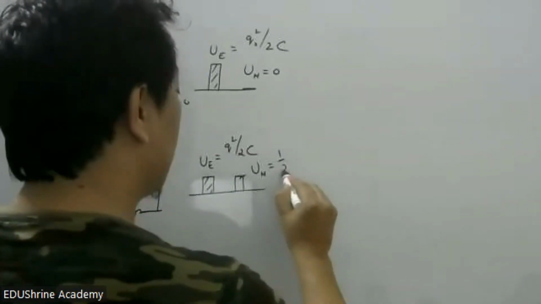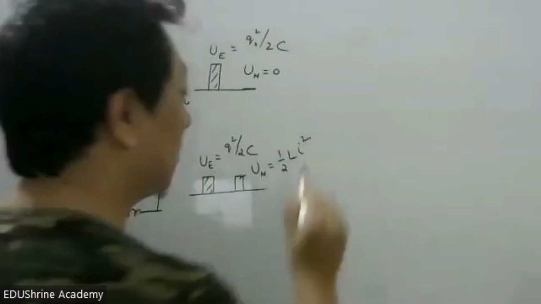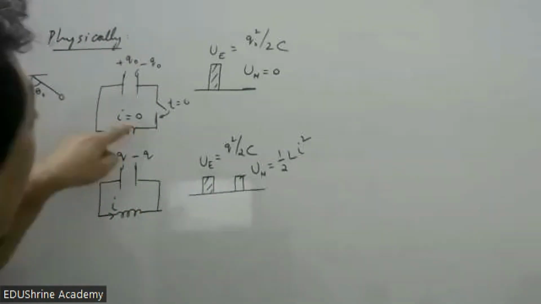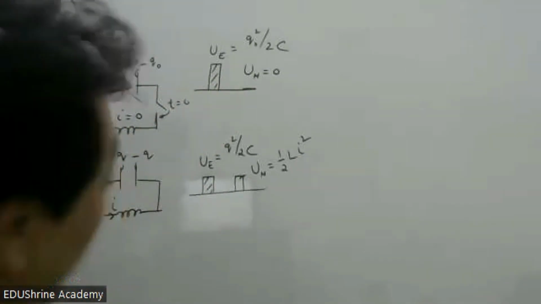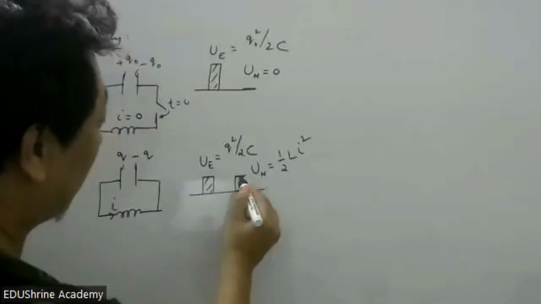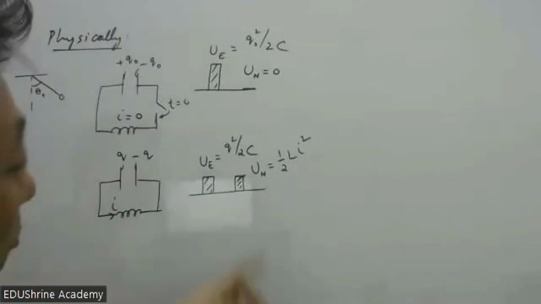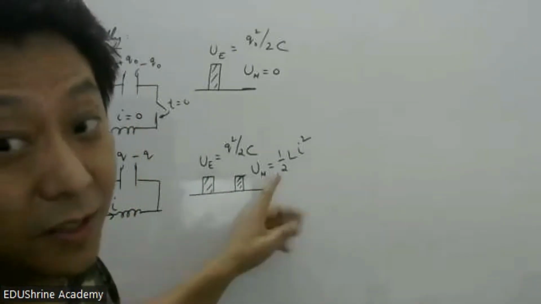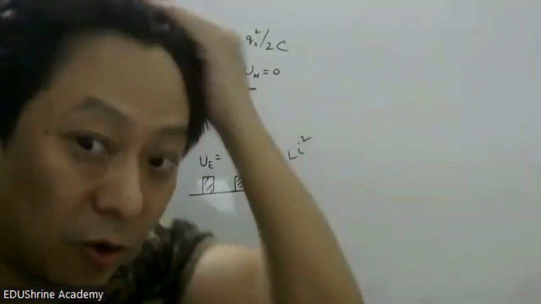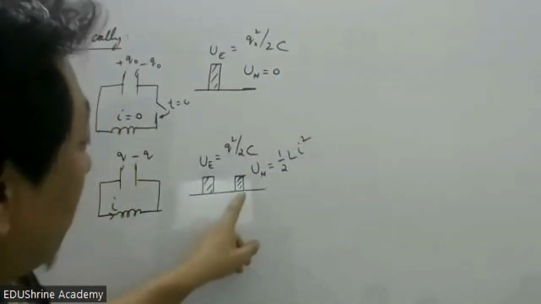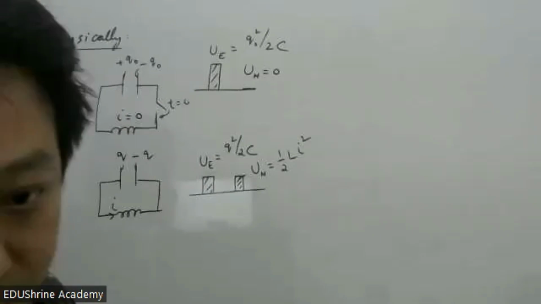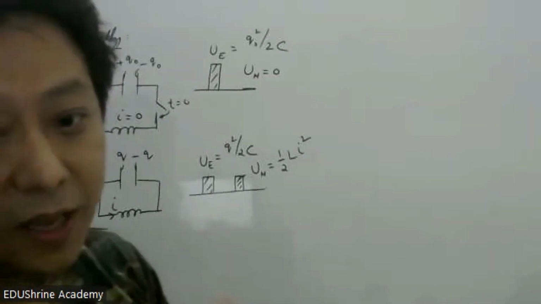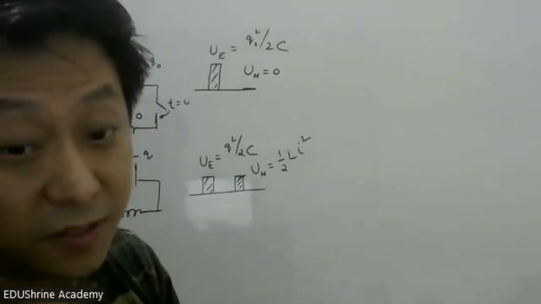Half L I square. Before there was no I, so there was no magnetic energy, but now there is I, so there is magnetic energy. Can you guess from where this magnetic energy came? Energy cannot be created, simply. Who has lost energy to provide this energy? The capacitor has lost its energy, its electrostatic energy.